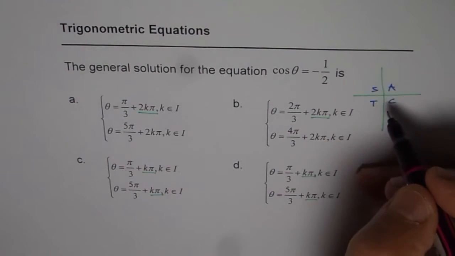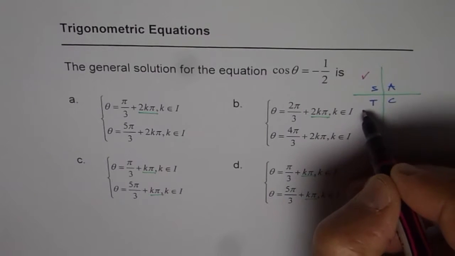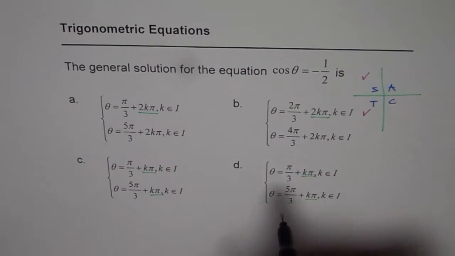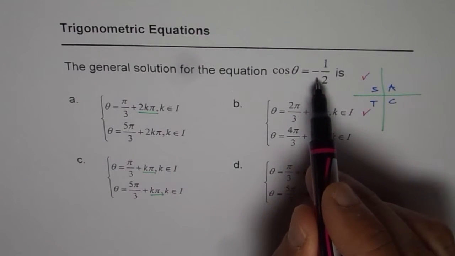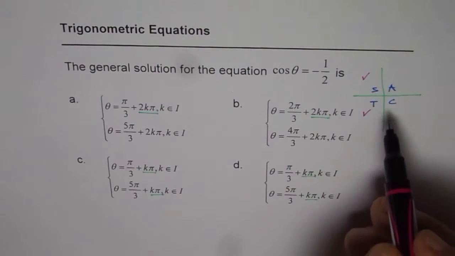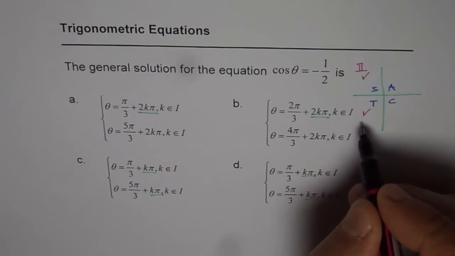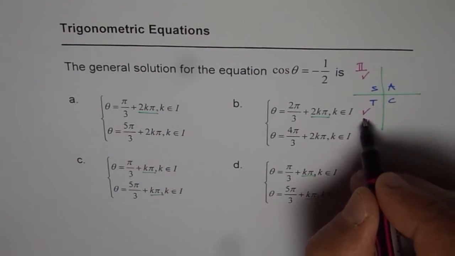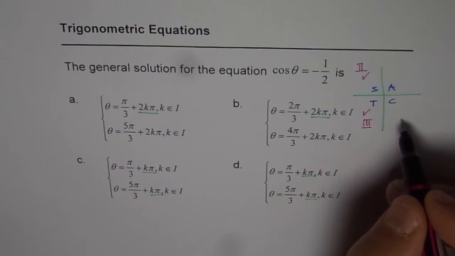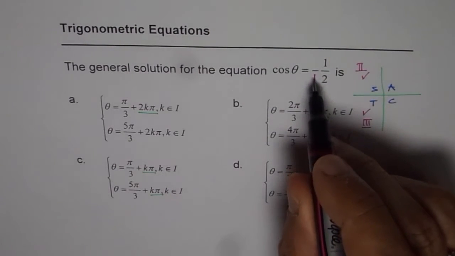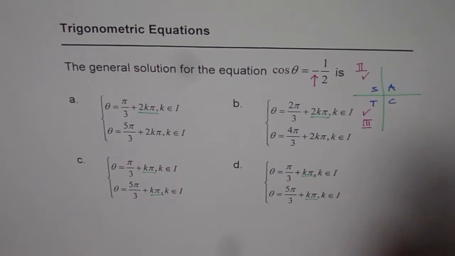Cos is negative when you are in quadrant 2 or in quadrant 3, correct? So you should be having the angle in both quadrant 2 and 3, not in 1 and 4, because it is negative, correct? That's the first part.